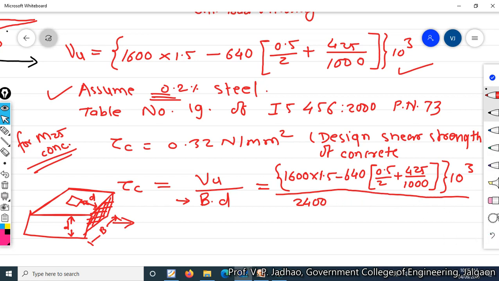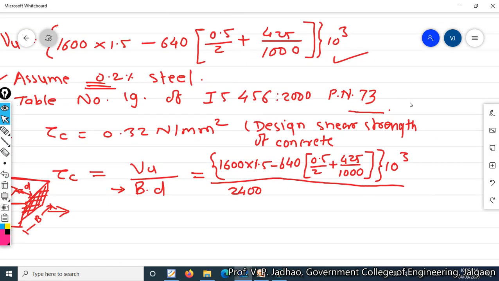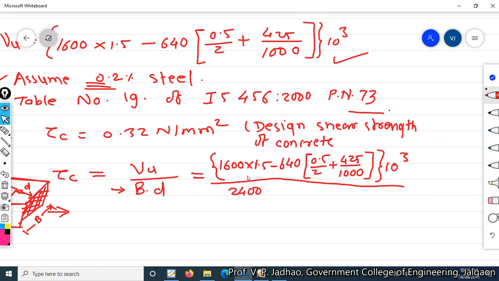Now we know that the value of tau c, here it will be d, the value of tau c is equal to 0.32.